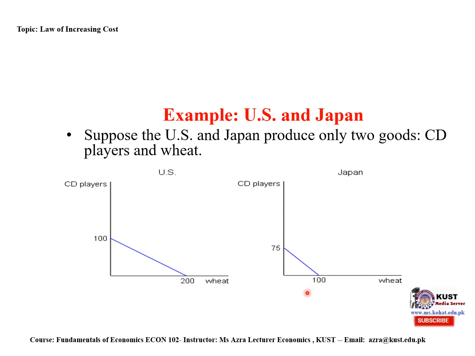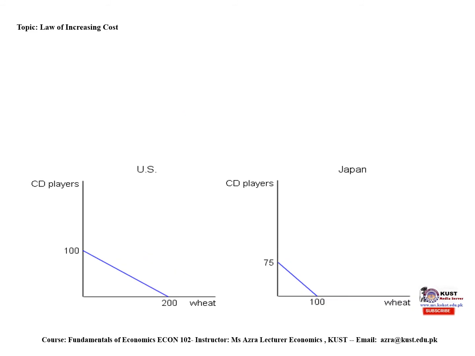Japan is producing 100 units of wheat, which is one half of the US, as well as 75 CD players, which is also less as compared to the US. Here, what is absolute advantage in producing wheat and CD players?